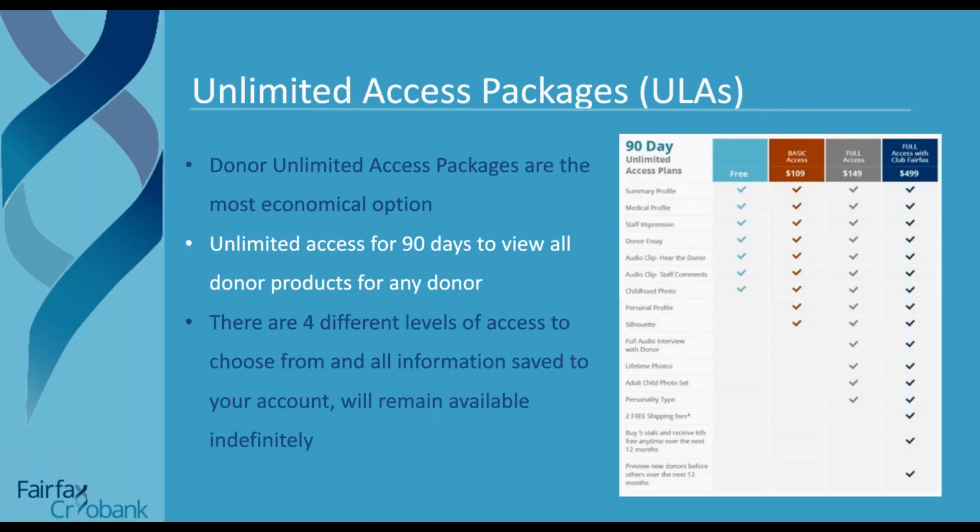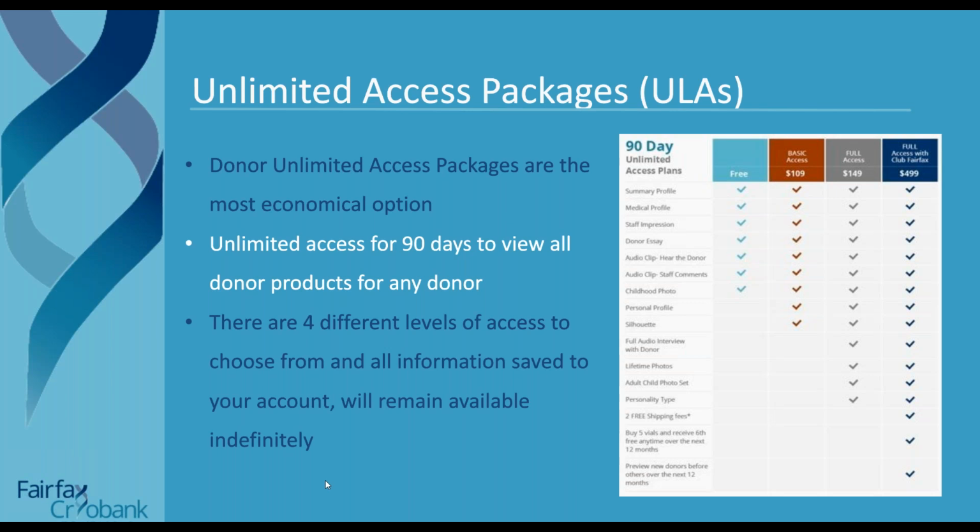All right, so our unlimited access packages, the ULAs. So this is basically what I was talking about with all the free profile items and all the ones for purchase. So if you purchase, you'll have unlimited access for 90 days to view all donor products for any donor.